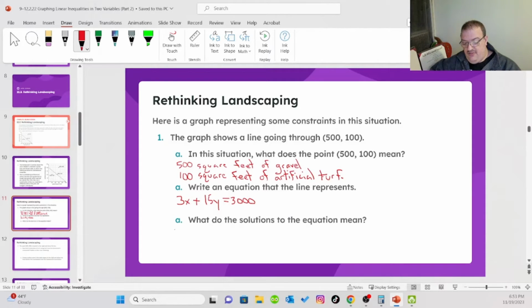This is every combination of gravel and artificial turf that equals exactly $3,000.